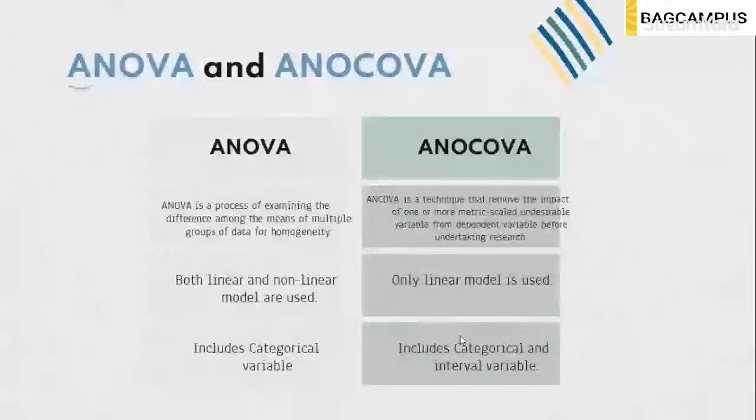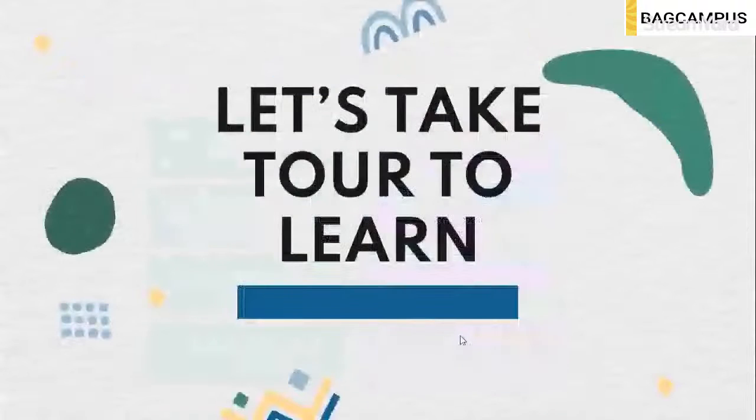Both linear and nonlinear models are used in ANOVA, while only the linear model is used in ANCOVA. ANOVA includes categorical variables, while ANCOVA includes categorical and interval variables. Hopefully you understand the difference between ANOVA and ANCOVA. So let's move on to learn about linear algebra and differential equations.